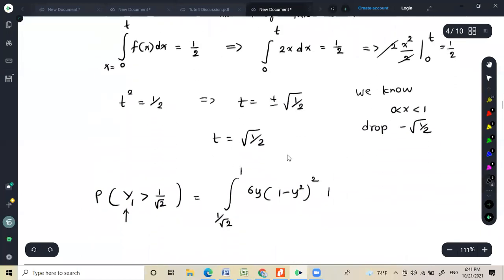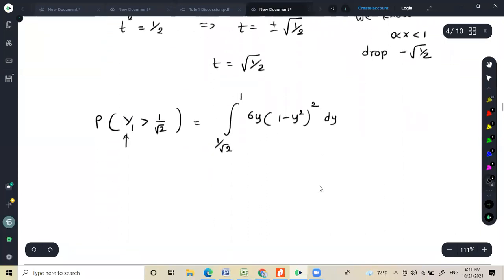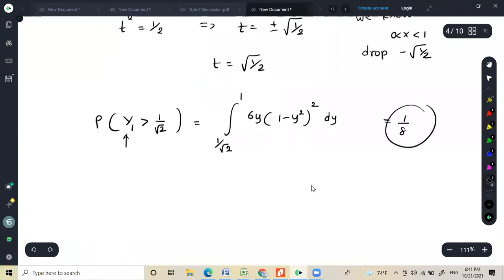So remember this is y. Okay. So we are doing the probability of the minimum, there's no x anymore. So you have to take the distribution of y1 where you already calculated in part 1. Take it and do the integration from lower bound up to 1. Okay, so I'll leave it for you. Do this integration and the answer should be 1/8. Check it. Okay.